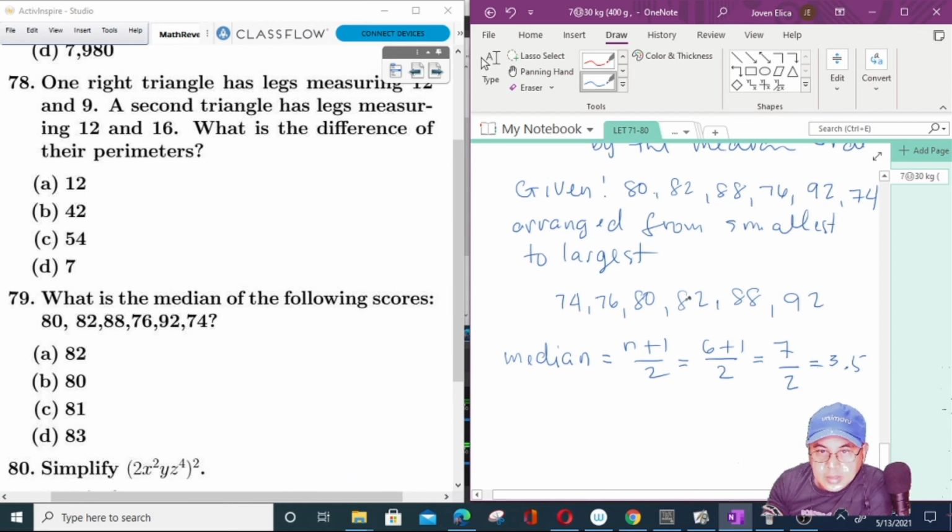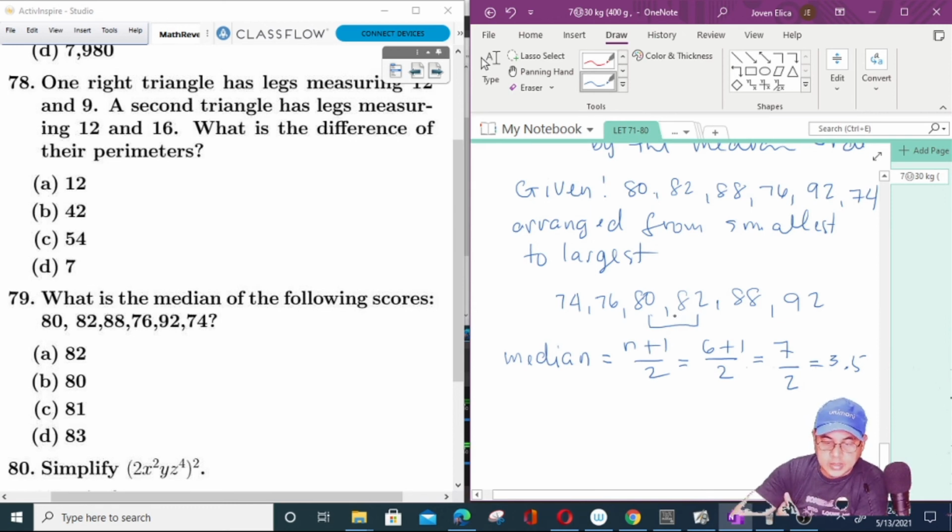The two data centered by the median are these two numbers.